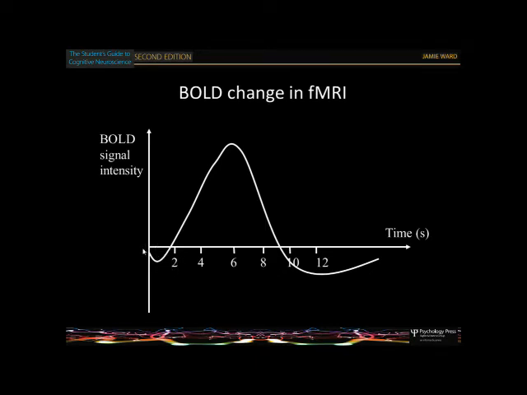It's called the initial dip. In fact, the bold signal goes down because this bit here is the deoxyhemoglobin, this is the oxyhemoglobin there. So the bold signal measures the amount of oxyhemoglobin. Initially, you're consuming oxygen and you get more deoxyhemoglobin, and this gives you this little dip.